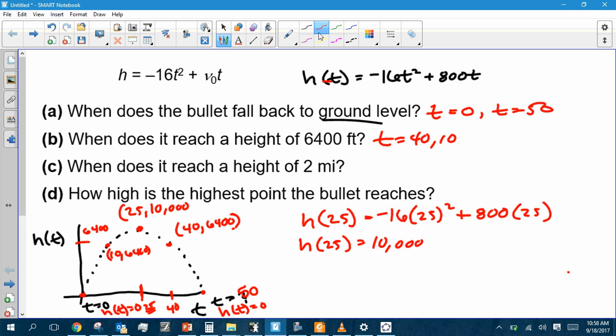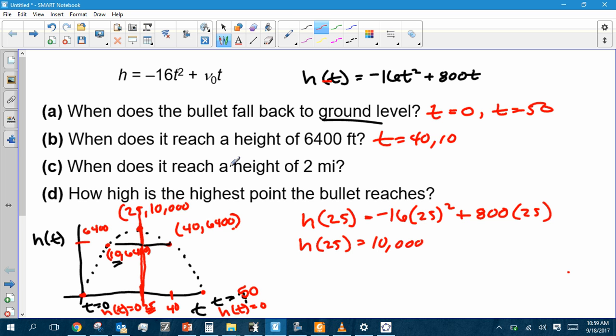And you start to see the symmetry that we talked about in regards to this problem. If that's the axis of symmetry for the parabola, then I go 15 units to the right, I get the 6,400. I go 15 units to the left, which is 25 minus 15, is 10. I get back to 6,400 and so forth.